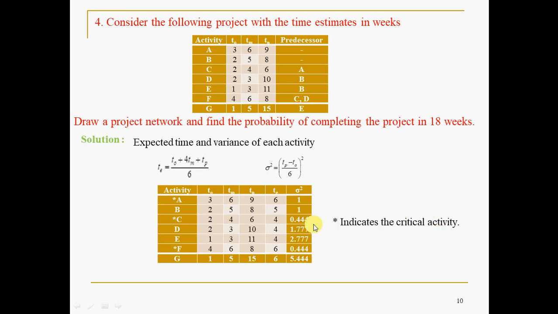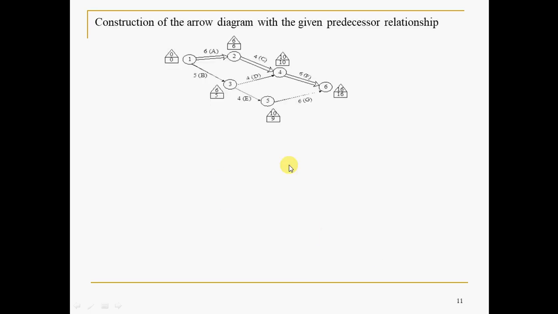Critical path, let us see after drawing the network. For all of A, B, C, D, E, from TO, you have combined by using this equation TE, and sigma square also you got it. After construction of the network diagram, from 1 to 6 nodes you got it.